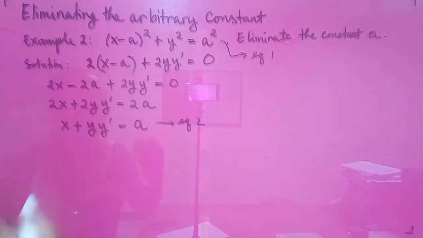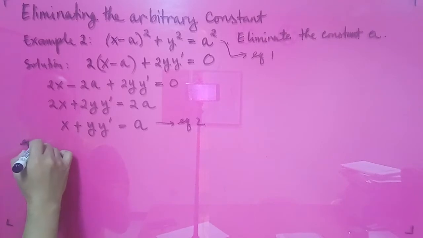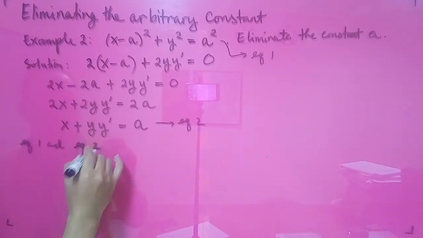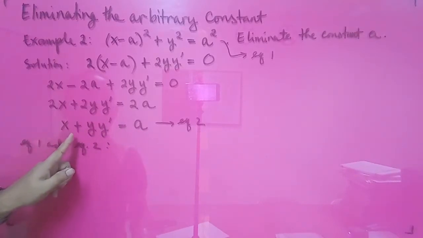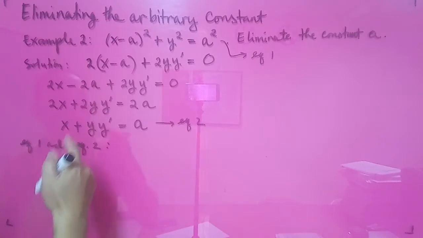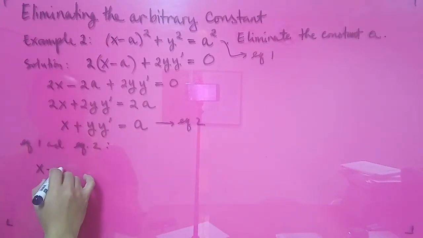So we will combine equation 1 and 2. So when we combine equation 1 and 2 and substitute the value of a as x plus y y', going back to equation 1, we have our x minus a.